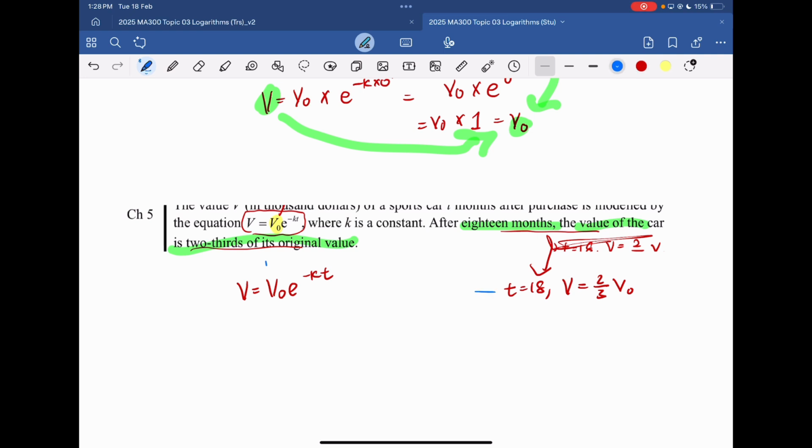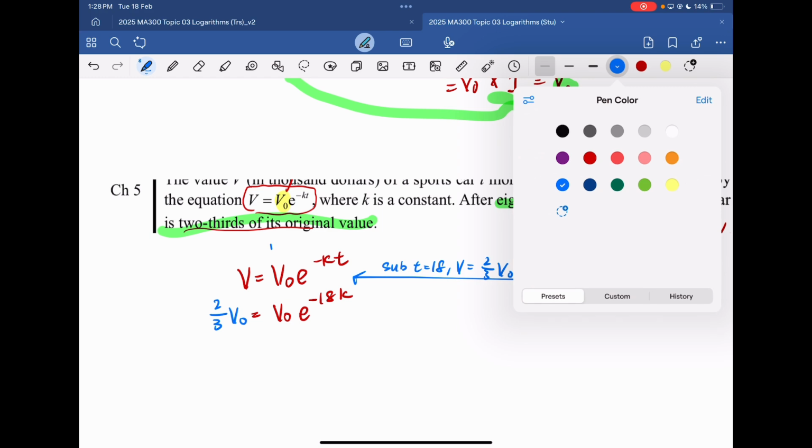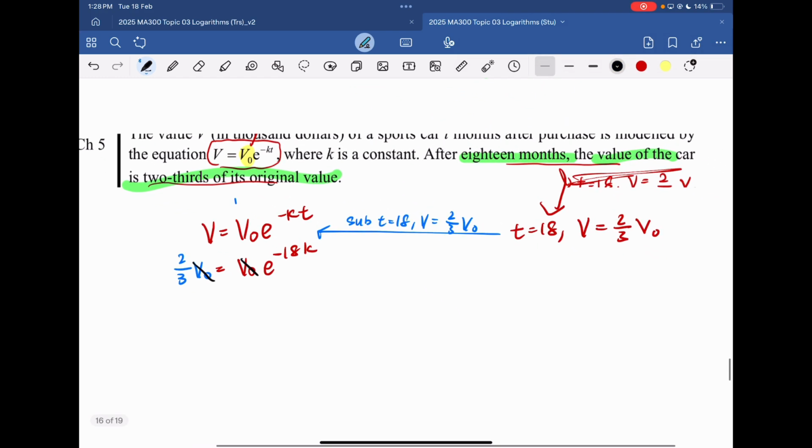You sub t equals 18, value is 2/3 V0. So that means you have 2/3 V0 equals V0 e negative 18k. From here, what can I do to the V0? I can just cancel. Then 2/3 is e negative 18k.